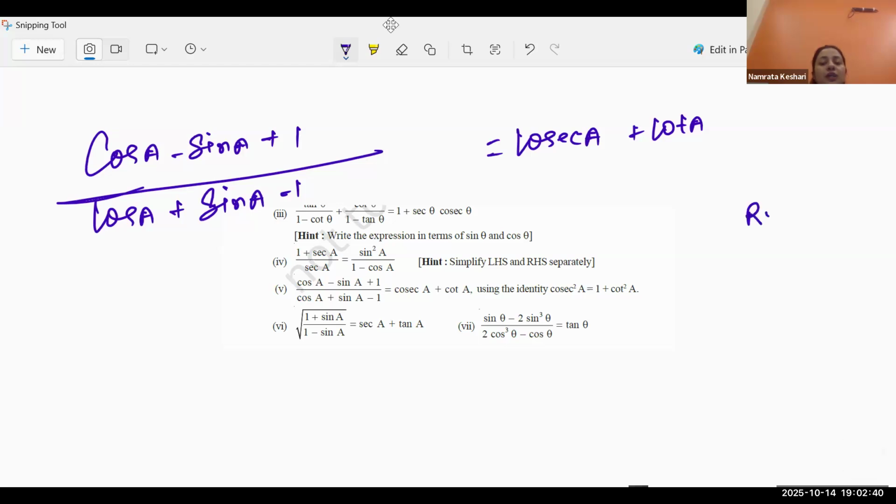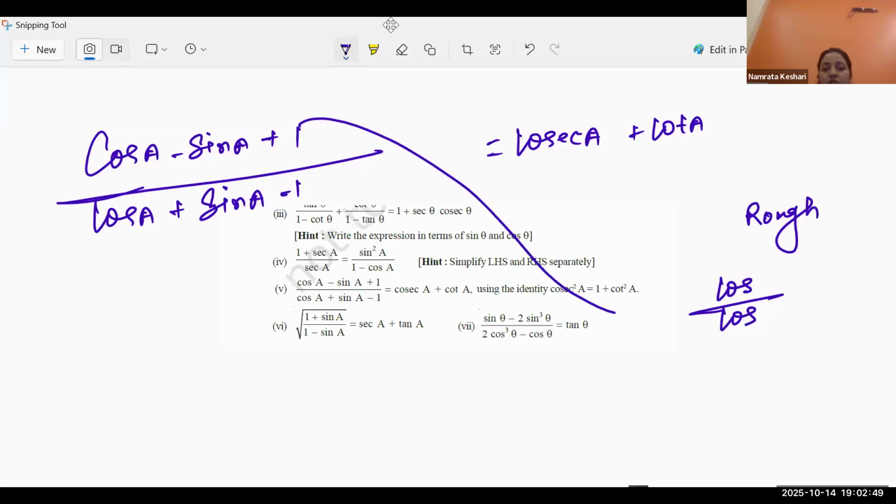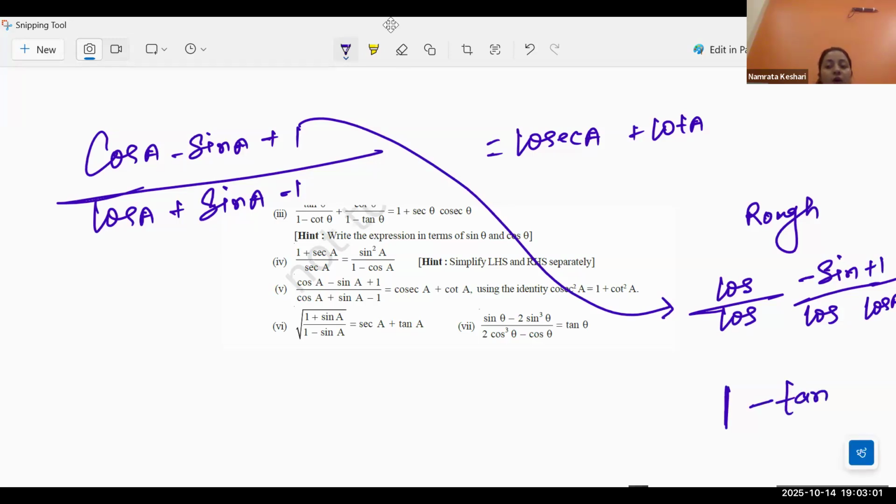If we divide the numerator by cos, the numerator will be cos by cos, sine by cos, and 1 by cos. That is 1, sine by cos is tan, and 1 by cos is sec. No, we don't want to generate tan and sec.